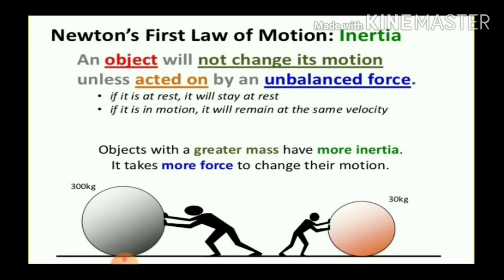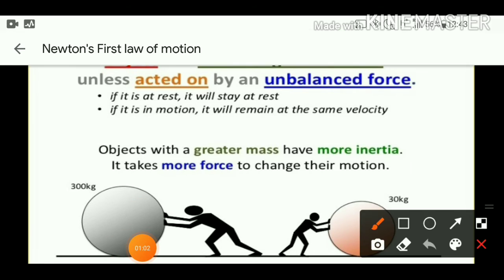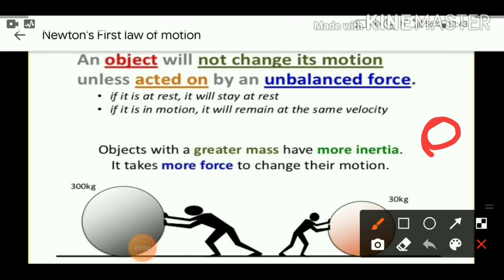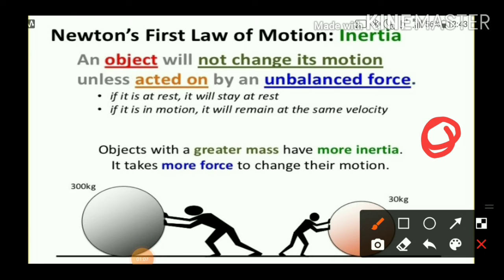If there is one object, here it is a small object, until or unless we apply any force, it doesn't move from one place to another place. There should be an unbalanced force to move that item from one place to another place.